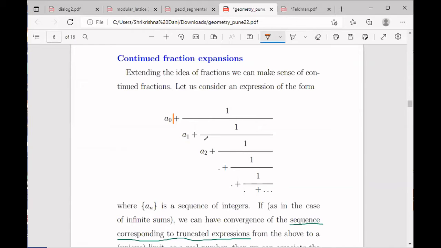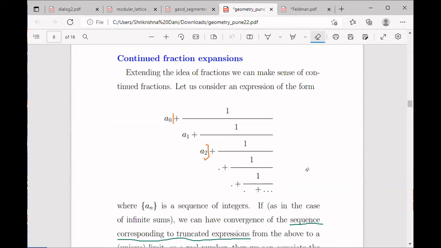And so on. So just like in the case of series, this gives us a certain sequence of numbers, which in this case happen to be rational, and the limit of rational numbers, of course, need not be rational. But when you write such a sequence, if the limit exists, then you would think of this expression as a representation of that limit.